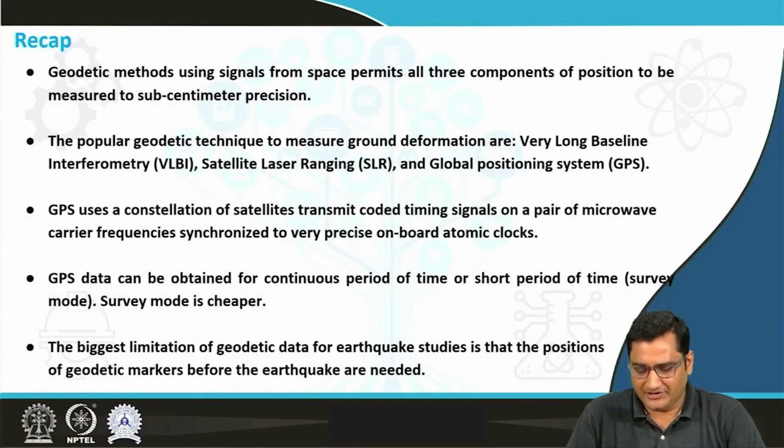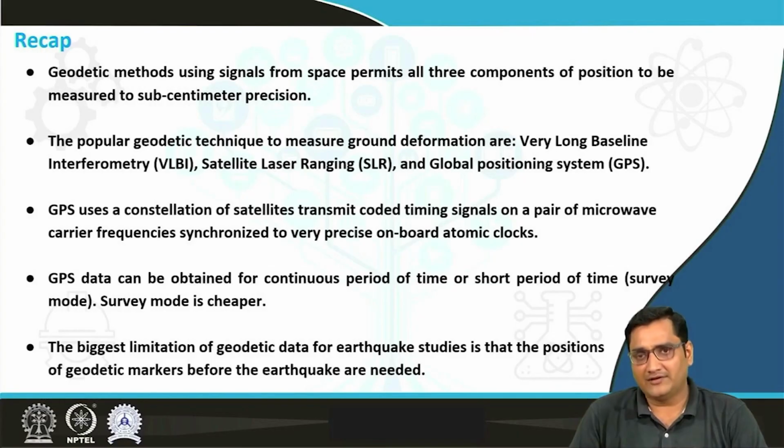In GPS, we generally use a constellation of satellites that transmit coded timing signals on a pair of microwave carrier frequencies that are synchronized to very precise onboard atomic clocks. GPS data can be collected in two modes. One is continuous data, another is survey mode data.